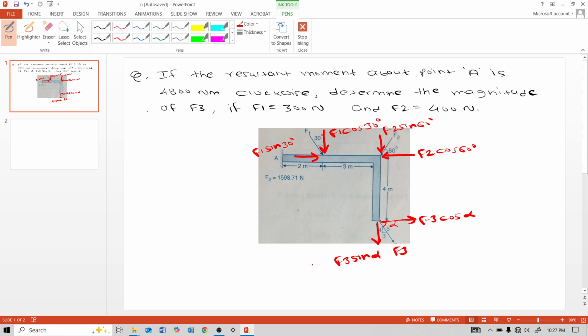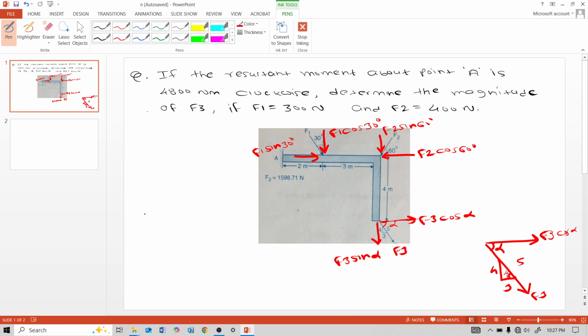Just understand what we are observing here. This is the F3 force, this is the component of this force, this is alpha, this is F3 cos alpha. And here they told us that this is 3-4-5, this is alpha, so geometrically this is also alpha.